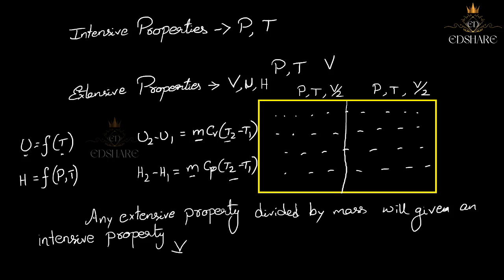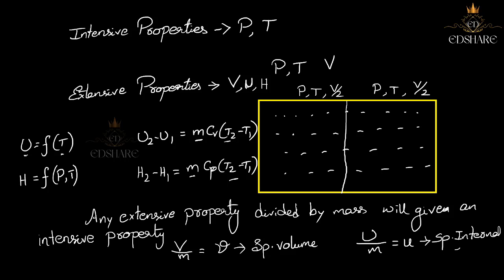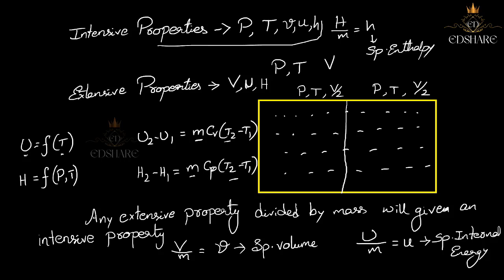For example, volume by mass is specific volume. Internal energy by mass, you take it as small u, specific internal energy. Enthalpy by mass is small h, specific enthalpy. All these specific properties, like specific volume, specific internal energy and specific enthalpy, are intensive properties. So try to remember these properties carefully.